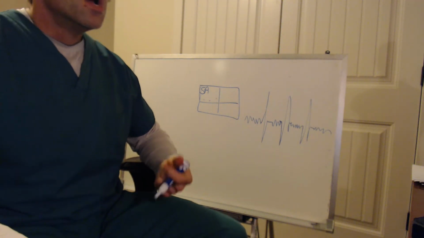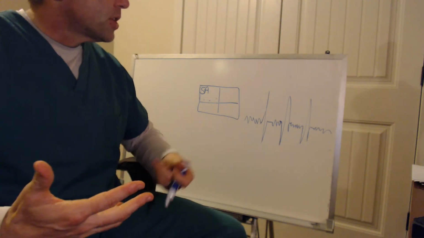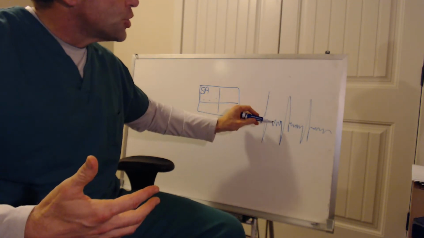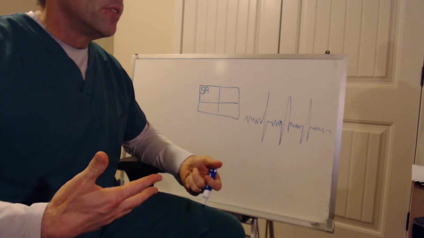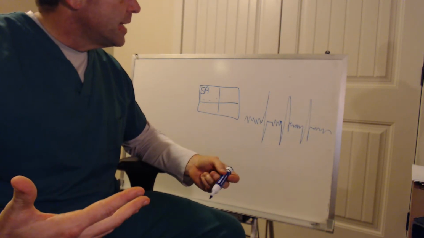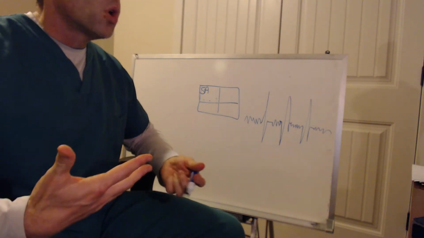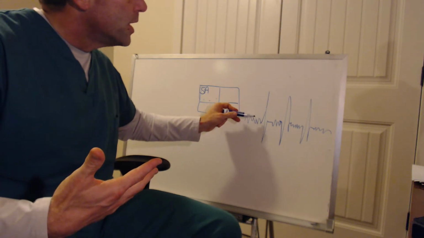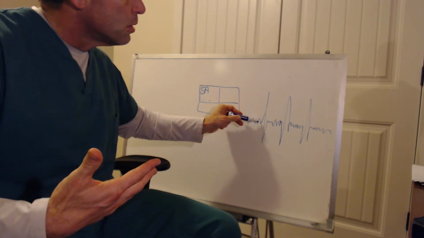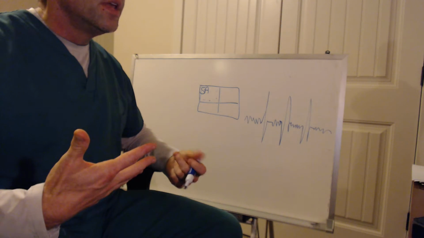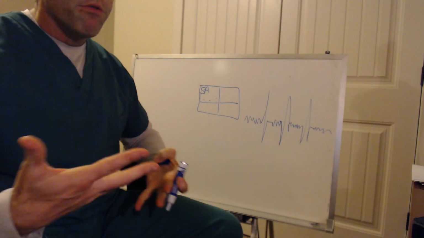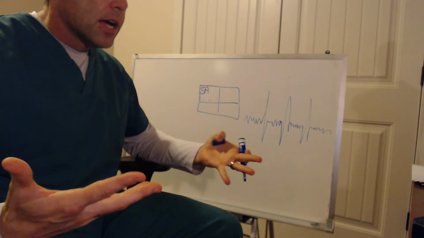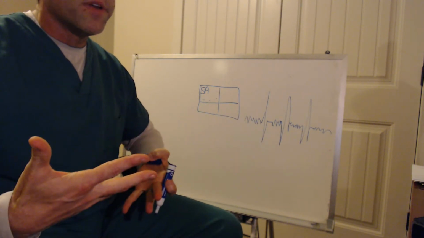And so in this particular case, we see a situation where there's disorganized atrial activity, and that leads to less than optimal cardiac output because the atria don't push as much blood into the ventricles as they normally would, and that leads to ventricles that don't fill fully, and that causes a less than normal cardiac output.